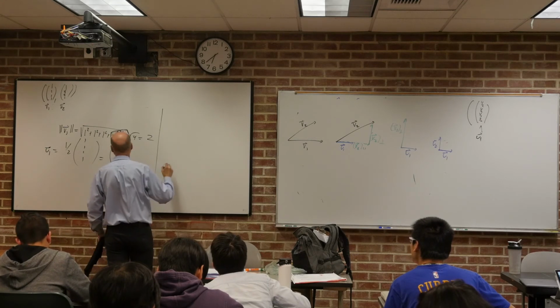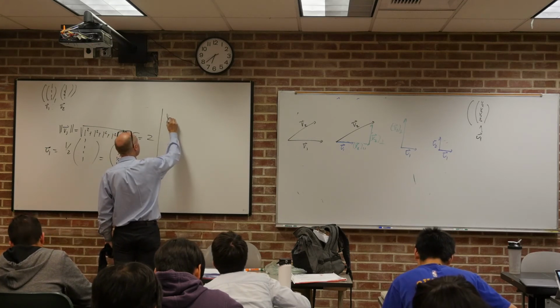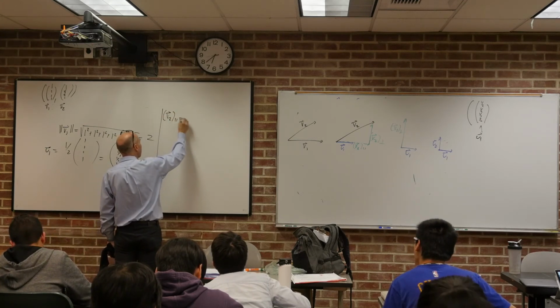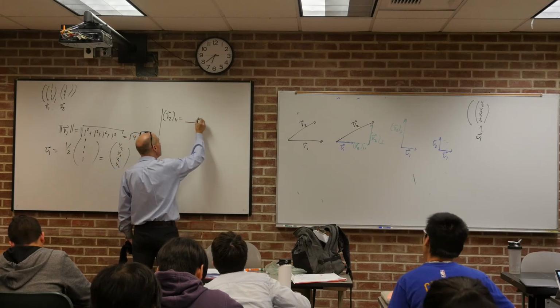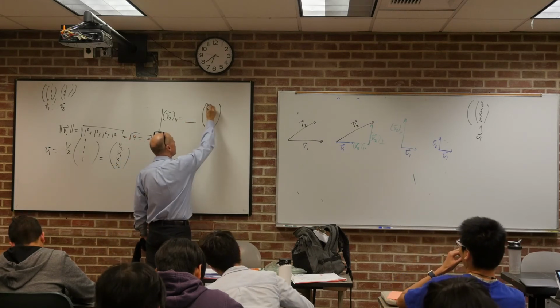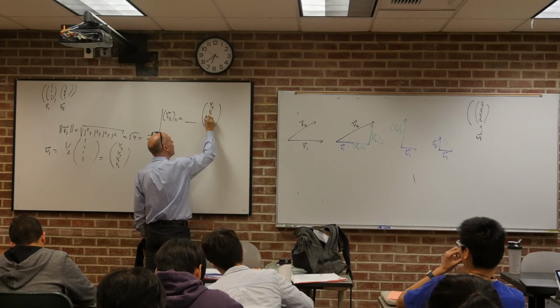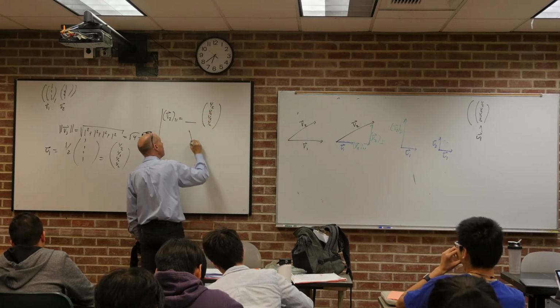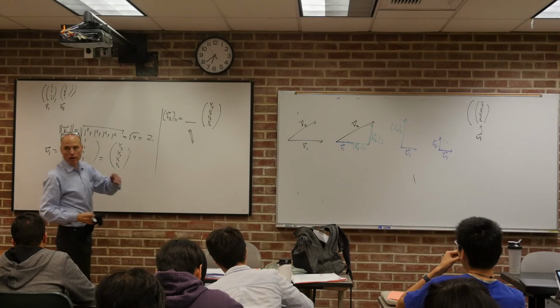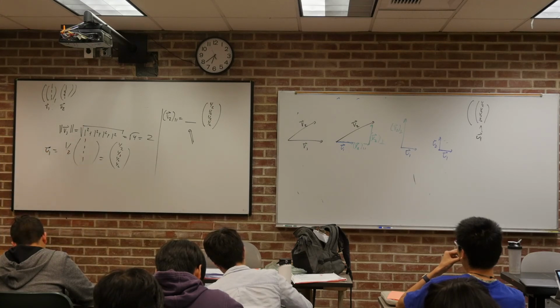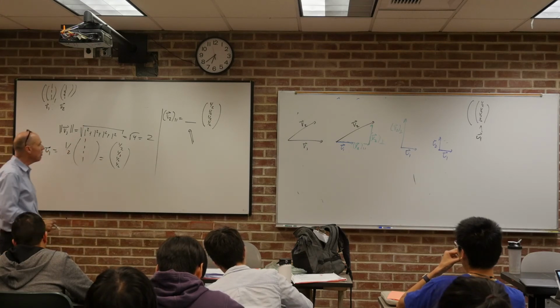Now, I'm going to find the parallel part of V2. Exactly. So that's just the part of V2 that's in the same direction as U1. So that is the projection.